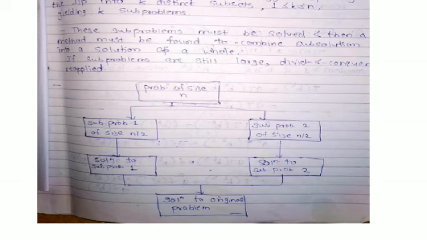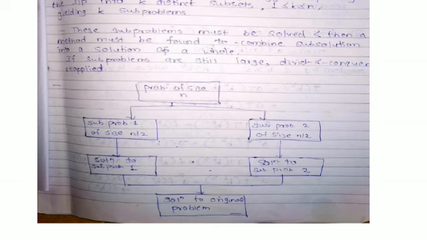Now when you solve the sub problems, we find the solutions individually, so we get the solution of sub problem 1 and the solution of sub problem 2.